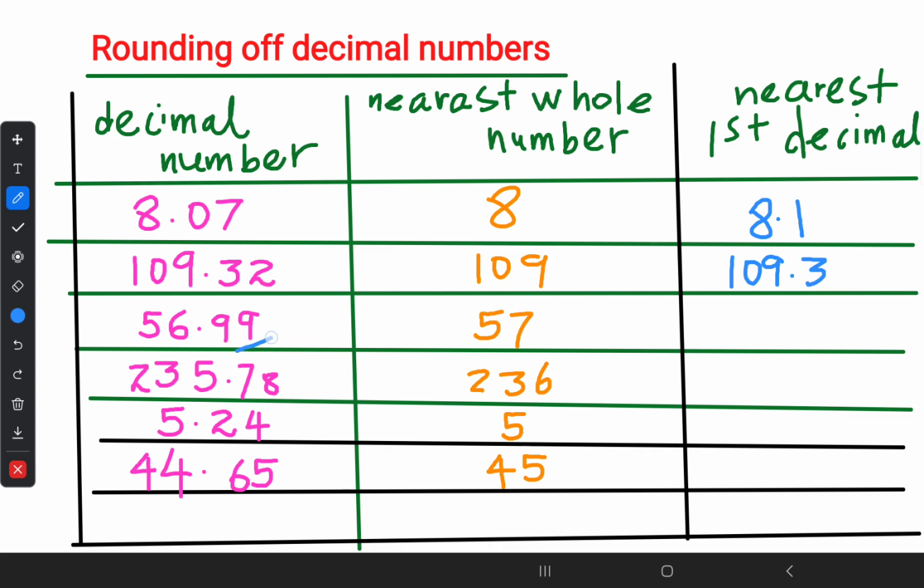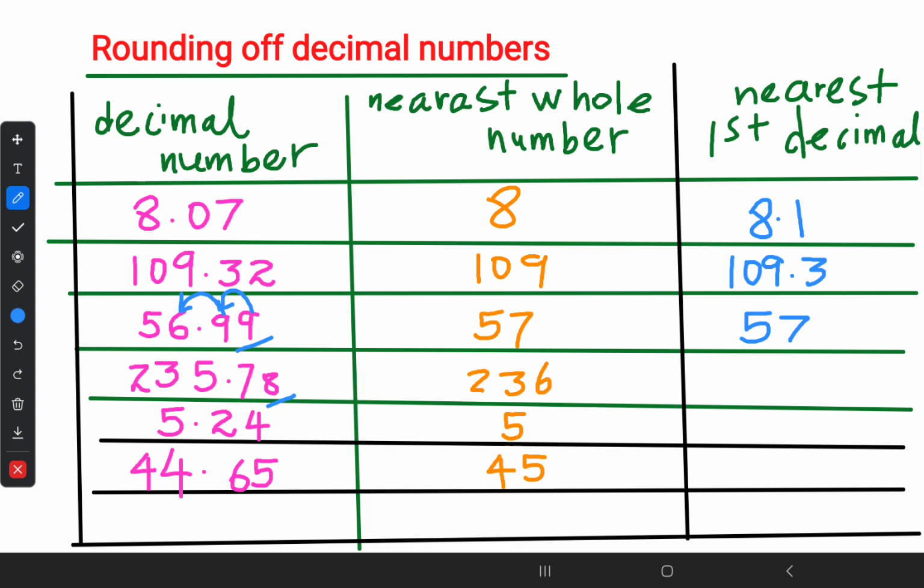Look at this. The second decimal place is 9, so I have to add 1 to the preceding one. If I add 1 to that, it becomes 10. That means we have to add 1 here as well, so totally it becomes 57. Second decimal place is 8, so I have to add 1 to the preceding value.